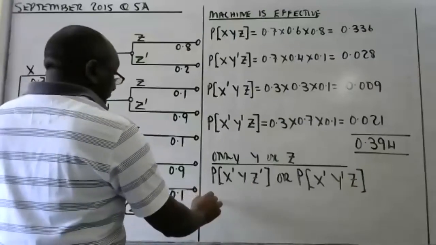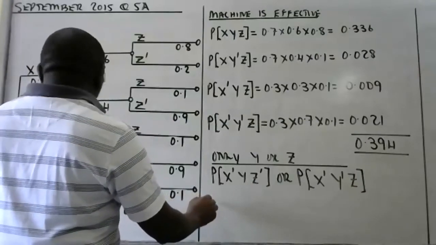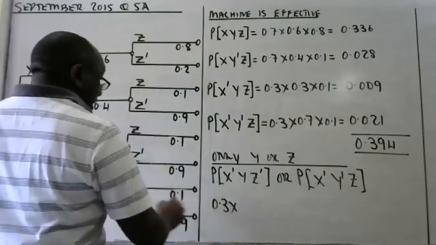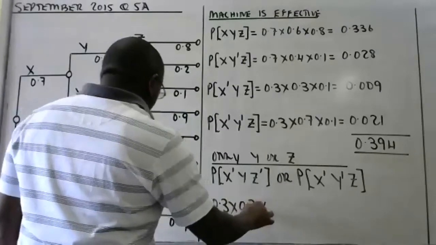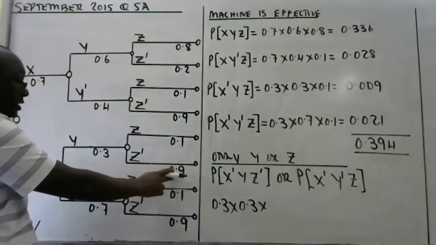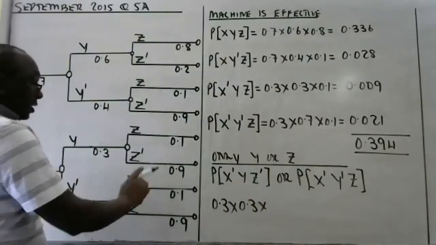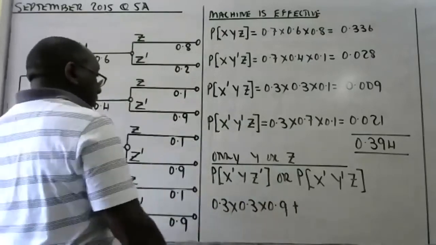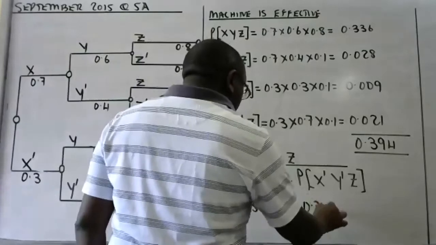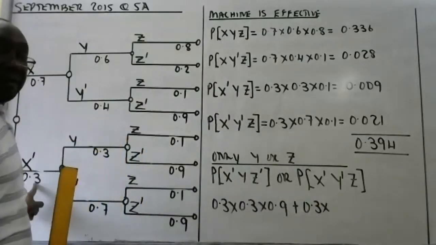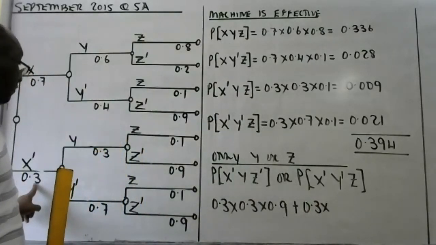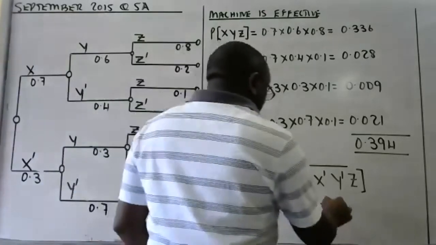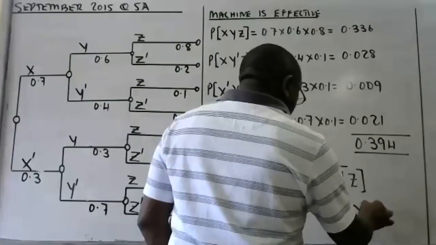So this becomes 0.3 times Y working here is 0.3, and Z having failed in this one. So we are in this line, 0.9, plus 0.3 here, X having failed, followed by Y which has failed, and then Z which is working, 0.7 and 0.1.